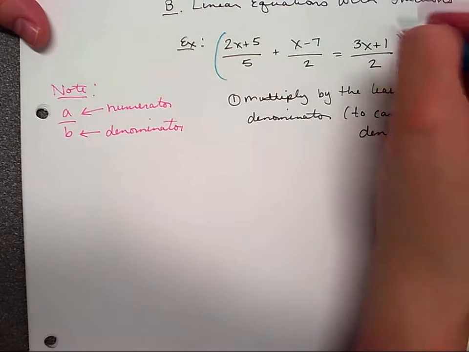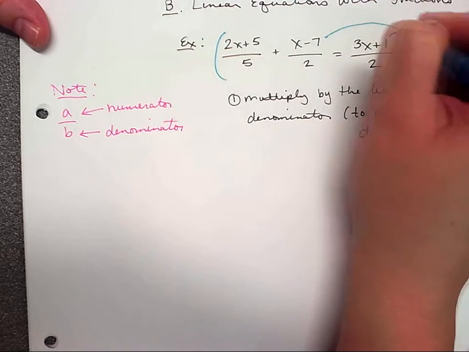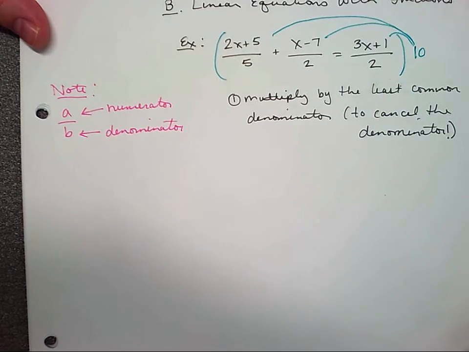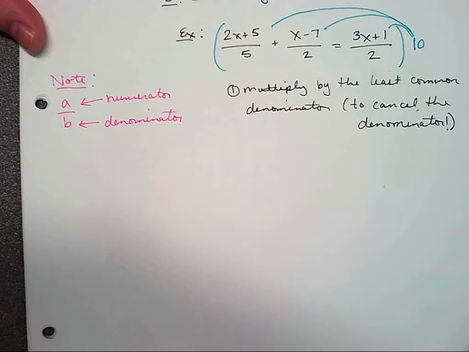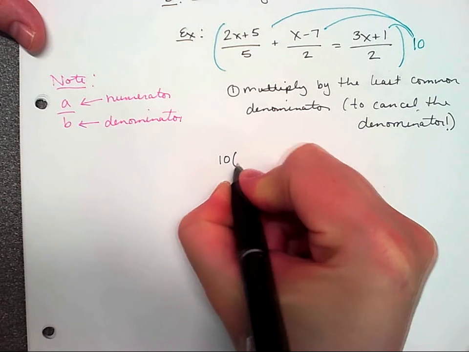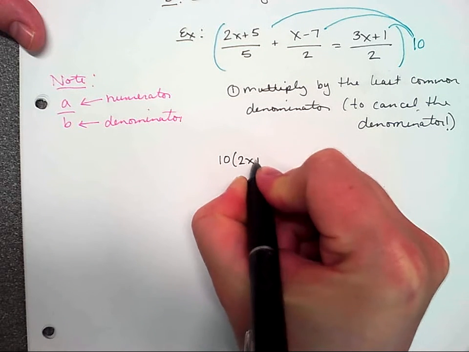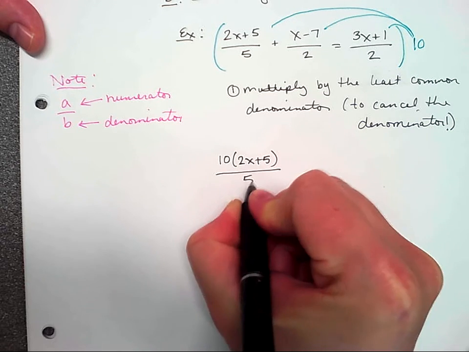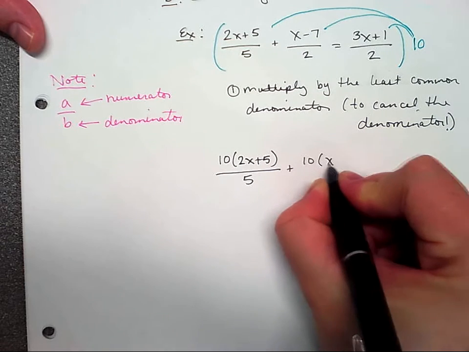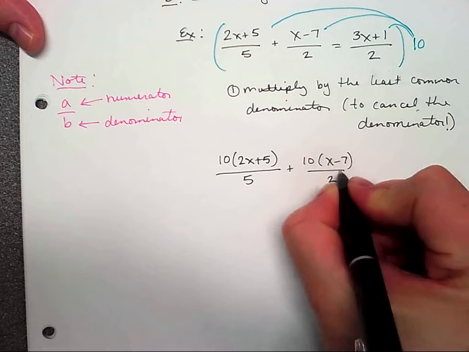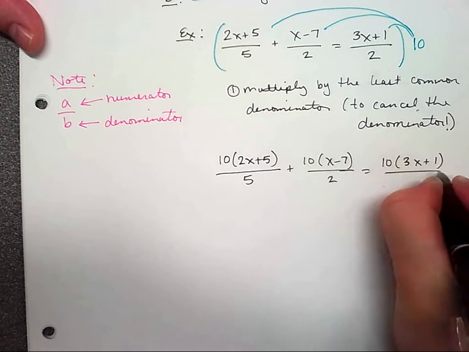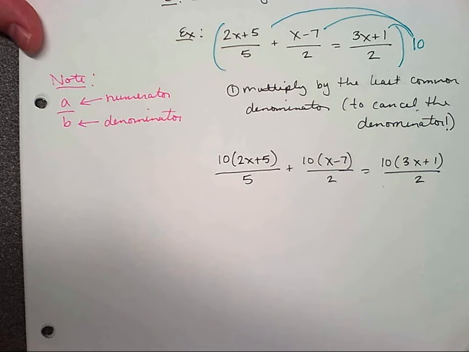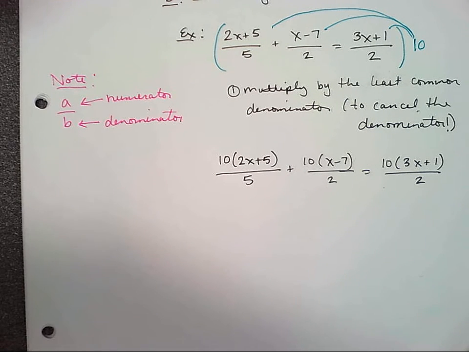So for this first problem, I'm going to distribute this, right? So I'm multiplying everything by 10. So I'm going to put 10 in the numerator, and I'm not going to do anything else quite yet. So I'm going to write 10, and then I am copying what I have. Whatever I'm doing to one side of the equation, I'm doing to the other side, so I can do that, right?